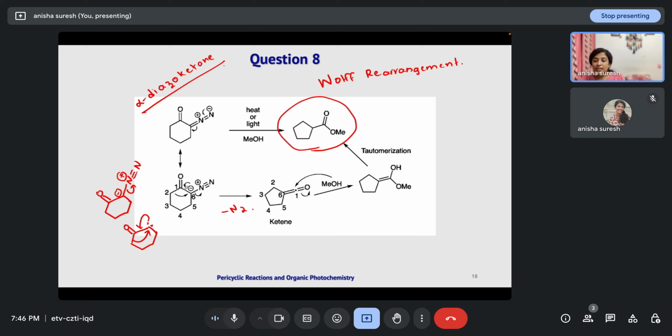Then this negative charge will fall here. This 1,2 bond will be breaking and it will shift to 6 position leading to removal of the nitrogen and a ketene is resulted, and the methanol that is present in the reaction medium, it can add on to this carbonyl carbon leading to formation of this enol species which can undergo a keto-enol tautomerism resulting in the formation of the ester. Is the mechanism clear?